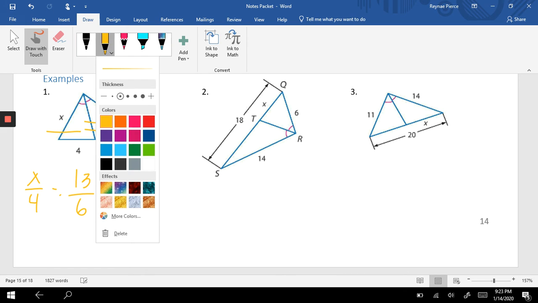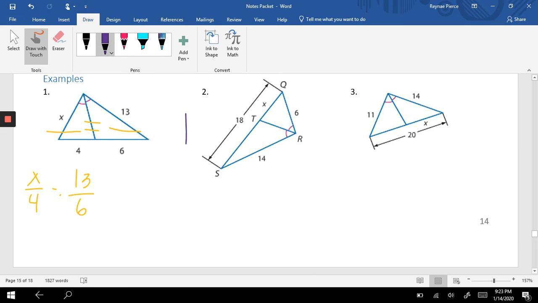Okay. And if we set up that proportion like we did up at the top, we said part over part, so 6 over 4, 4 over 6, either one. Part over part is equal to the whole side over the whole side.